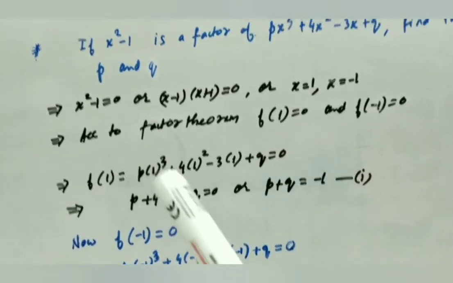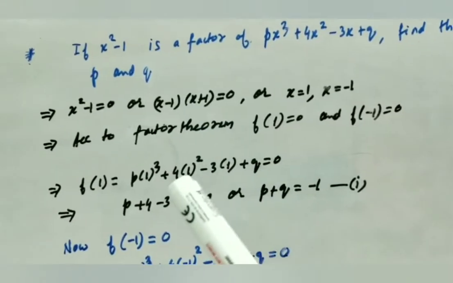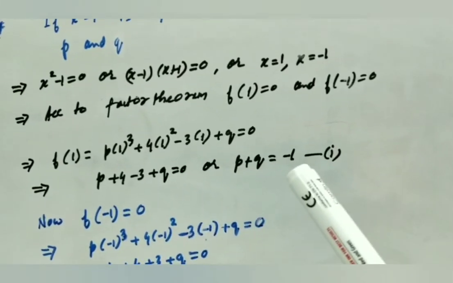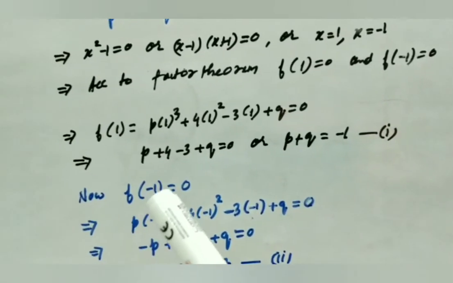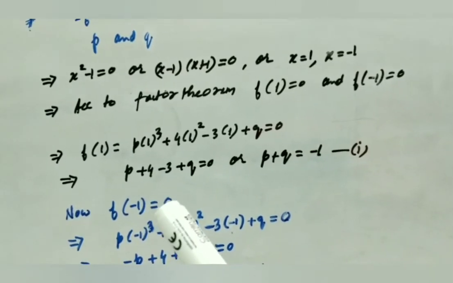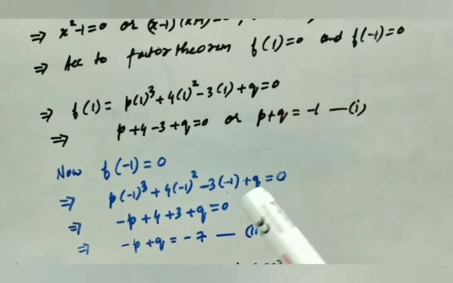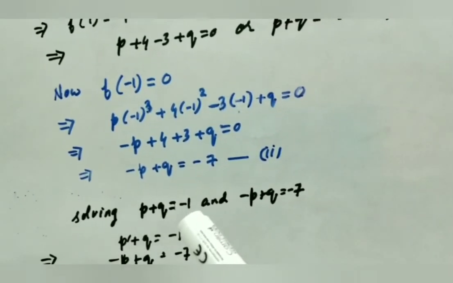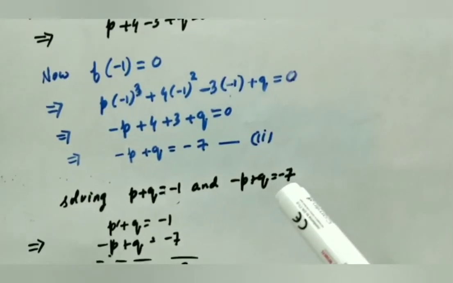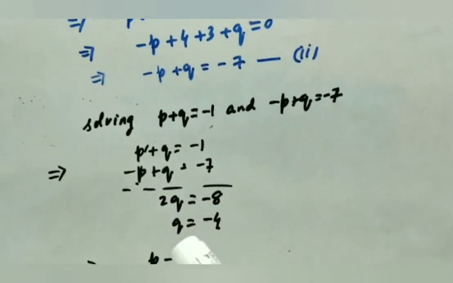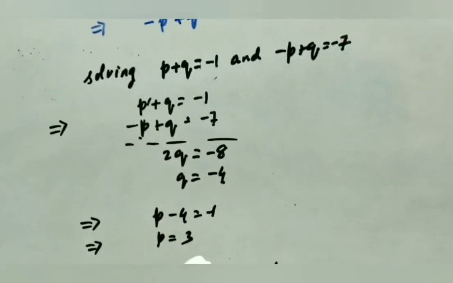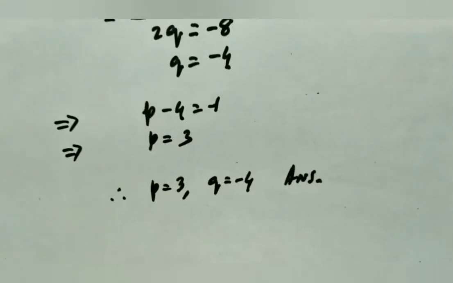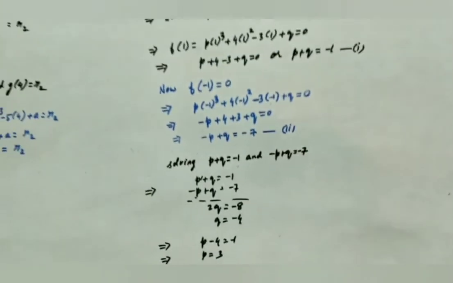So f(1): p times 1 cube plus 4 times 1 square minus 3 is equal to 0. I get this equation. Similarly, for the second value I will take f(-1). I get the equation minus p plus q is minus 7. Solving p plus q is minus 1, the first equation, and the second equation, I get the answer as q is minus 4 and p is equal to 3. This is the final answer. This is not from your book. This is a very important question.